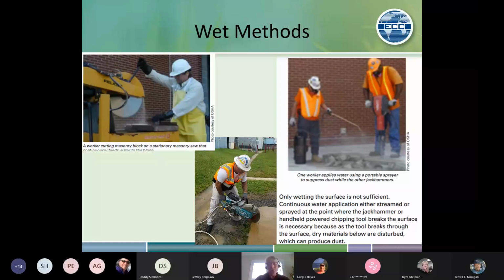They also can come with integrated water supplies. If it doesn't, like the jackhammering operation you see there, you can add water from another source, but you have to remember that it has to be continuous. You can't have somebody wet the surface and then go to town jackhammering or sawing. That's not going to control the dust. It has to be continuously trained on the point of operation in order to really control that dust.